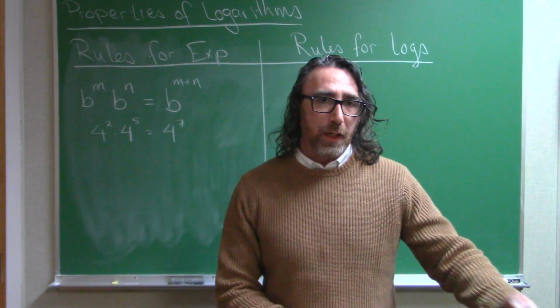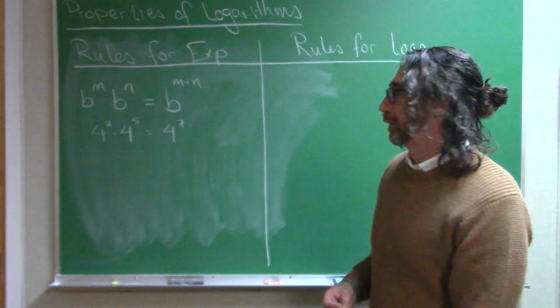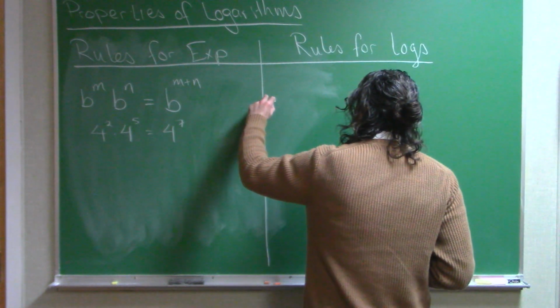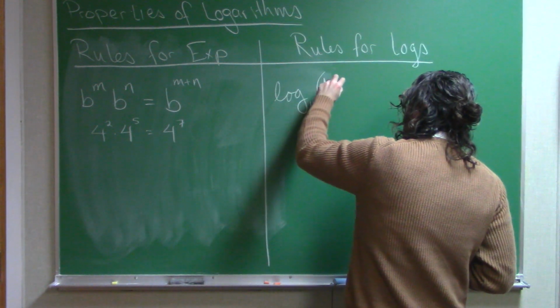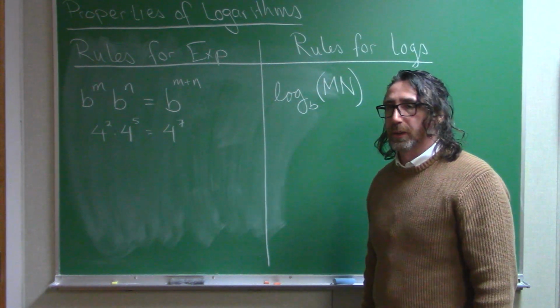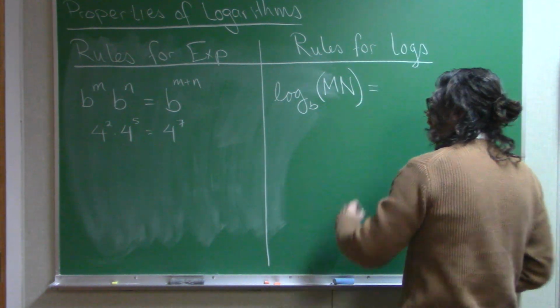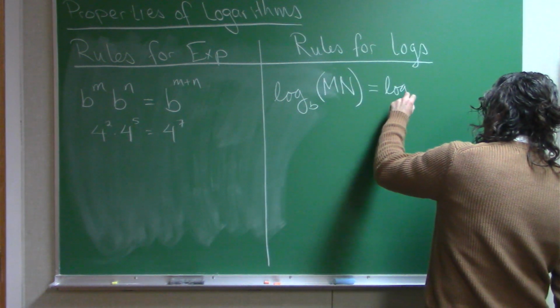Well, what do logs tell us? Logs tell us exponents. So, the corresponding rule for logs says that, if you want to know what exponent I should use for this product, you should use the sum of the exponents that you use for each individual part.